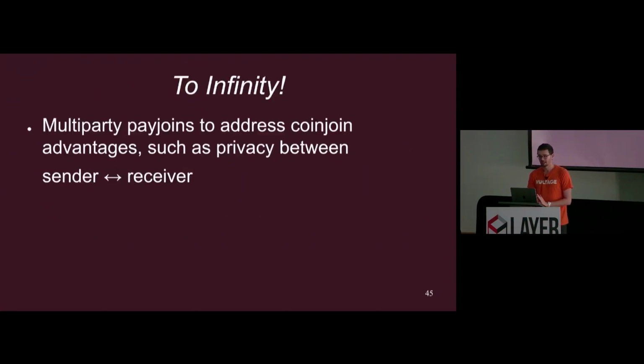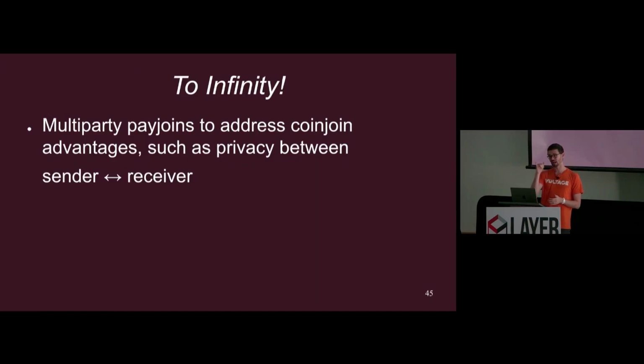So where are we going? One way that the Payjoin protocol could potentially be improved is by having multi-party Payjoins. Right now, you don't gain too much privacy from a single interaction if you just have a sender and receiver. If you do that over time, that really adds up.